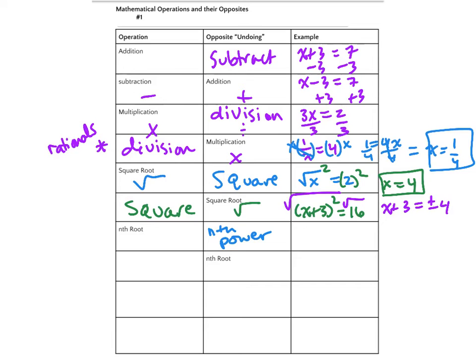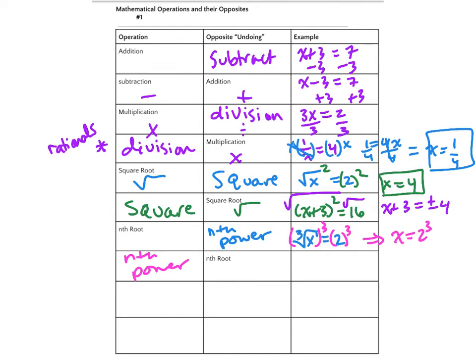But so for example, if I had a cube root, I would raise it to that power. We did that a little bit in algebra 1, 2. Just a little bit. 2 cubed, or what is that? 8. So same thing, these are like inverses.